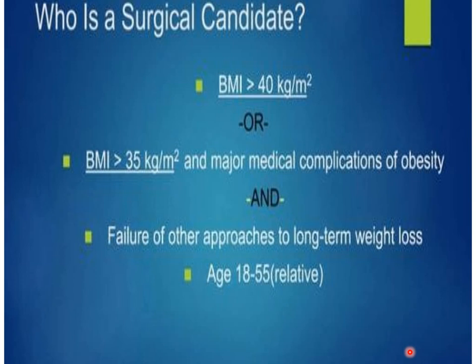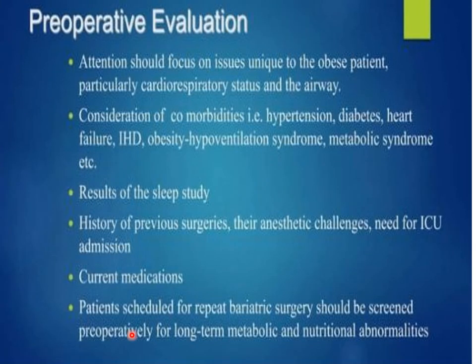The relative age for bariatric surgery is between 18 and 55. That does not mean those who are younger or older than this age group should not have bariatric surgery. But this is a relative age range for these people.